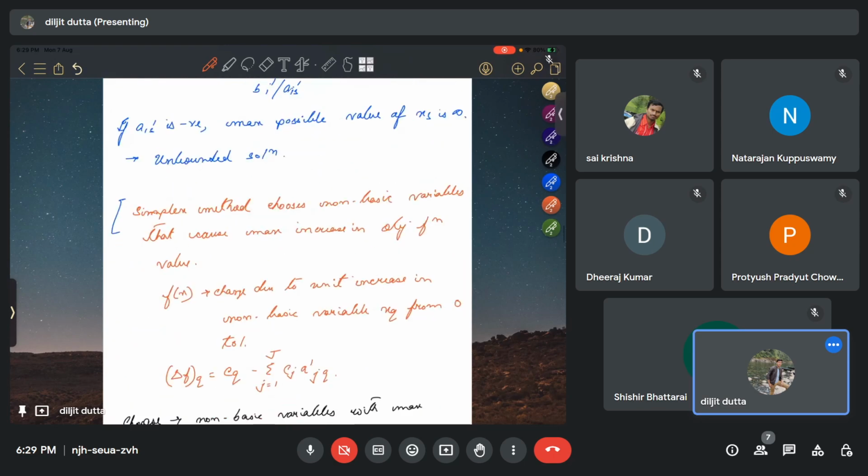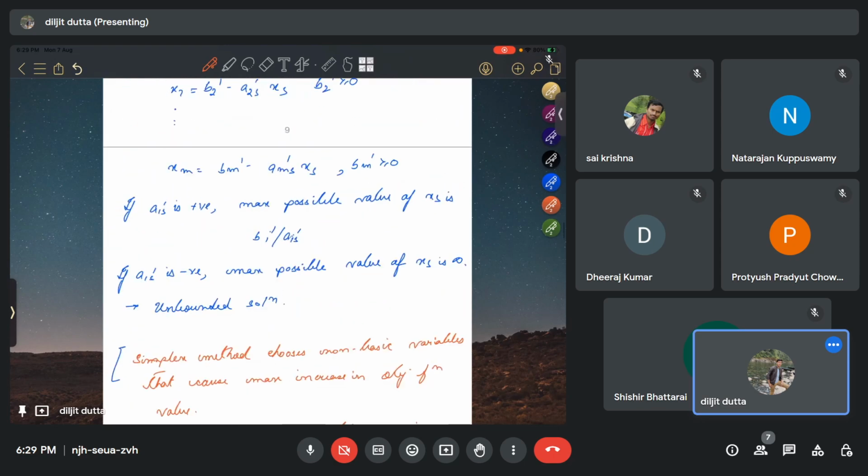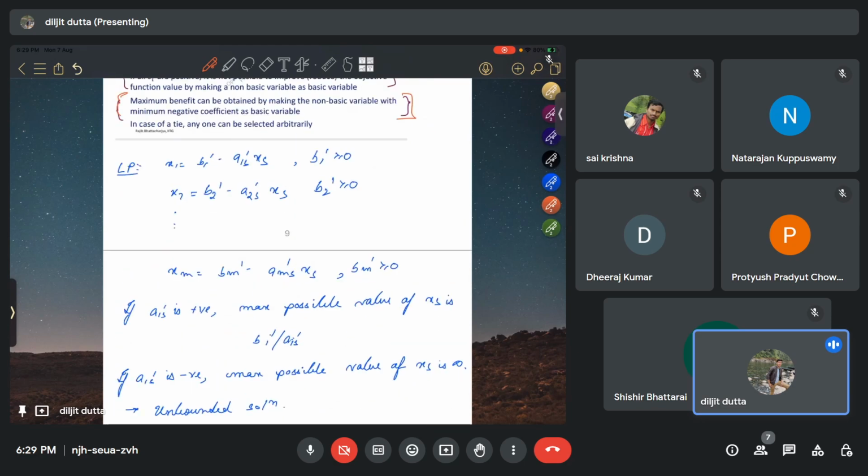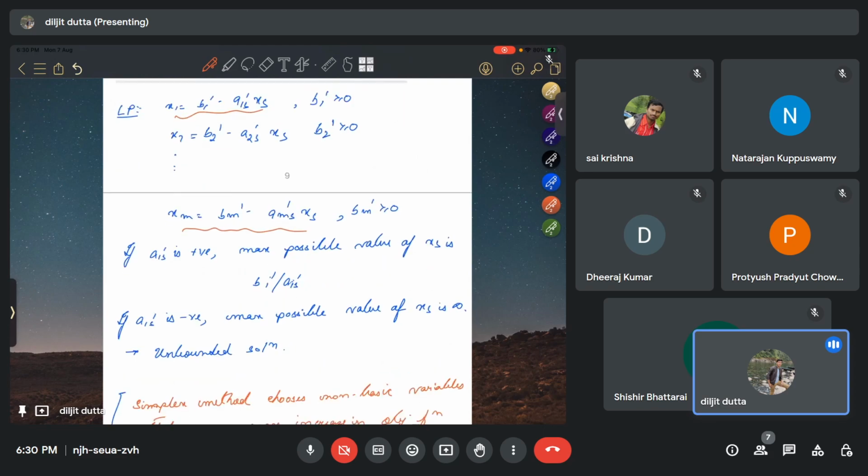So this is what I have written again. We will get the final solution in this format, that is x1 equal to b1 dash minus a1s dash into xs, up to xm equal to bm dash minus ams dash into xs, where all the bi dash are greater than or equal to 0.